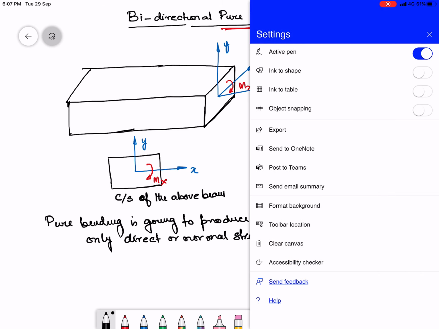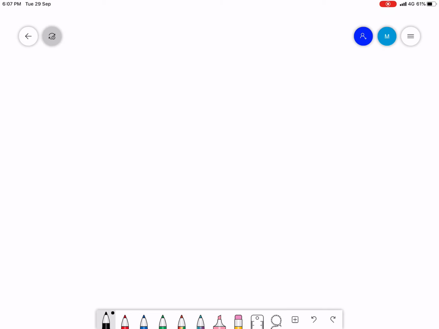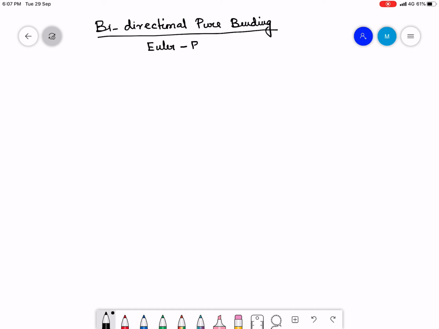So let me clear the canvas. So let me first draw an arbitrary cross section.